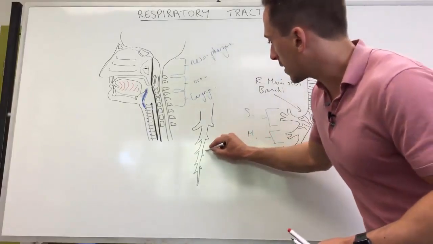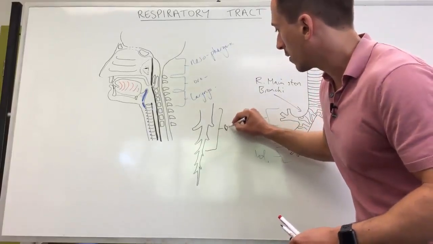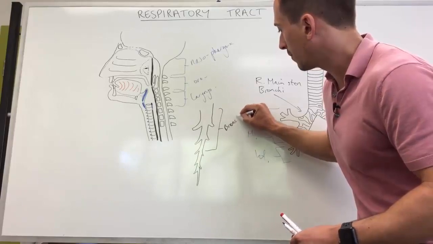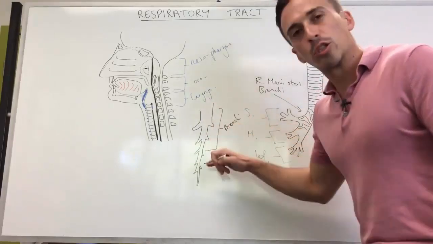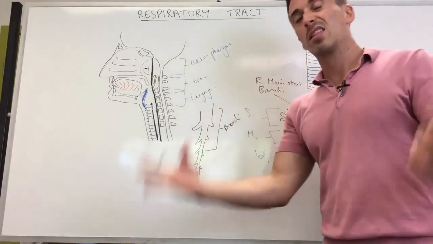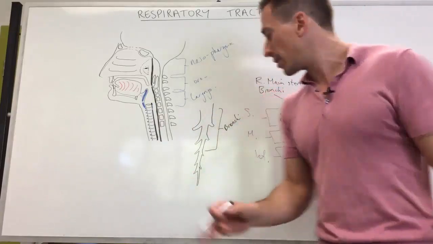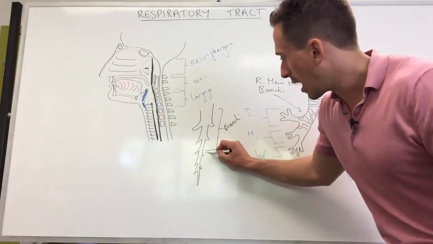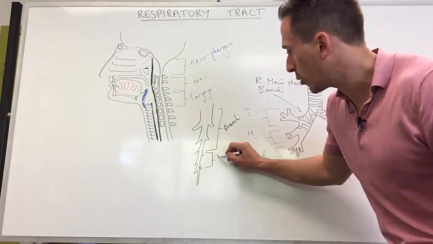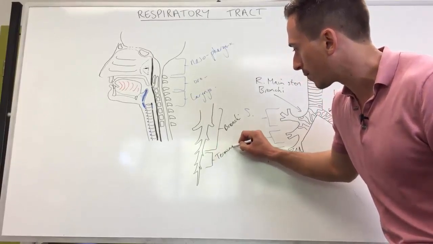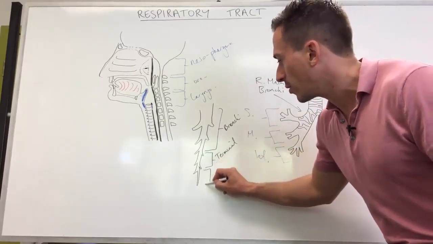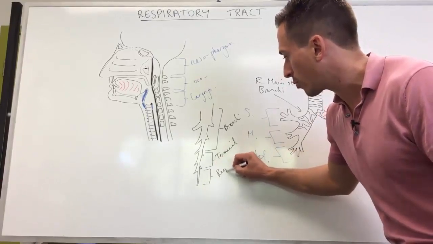Let's say these are bronchi. Now these bronchi, they may be secondary or tertiary, or maybe the 10th branching or 20th branching. And then we get down to 0.5 millimeter in diameter, we're going to have terminal bronchioles. And then at the very end, we have respiratory bronchioles.